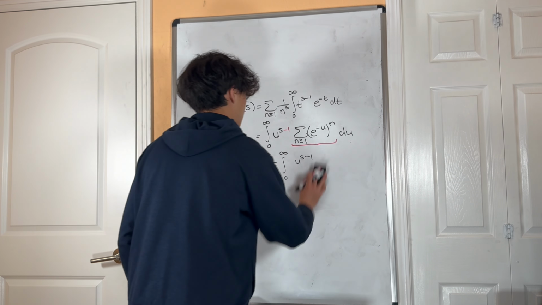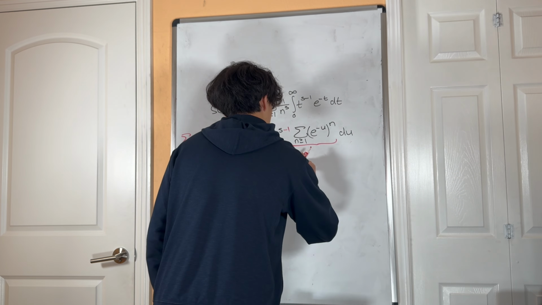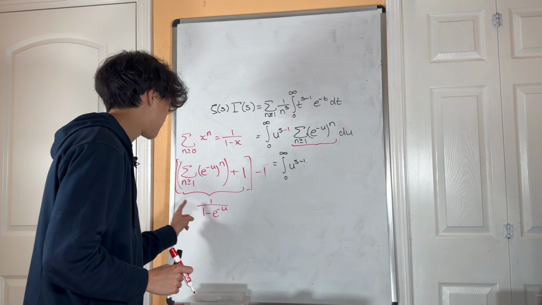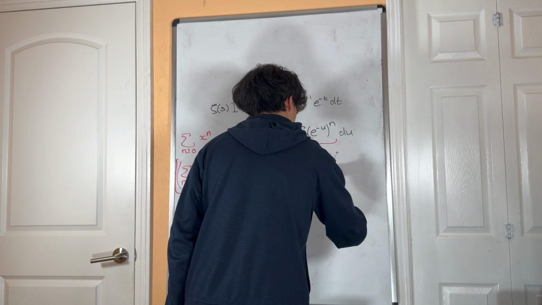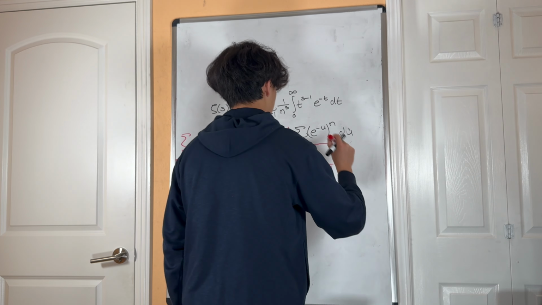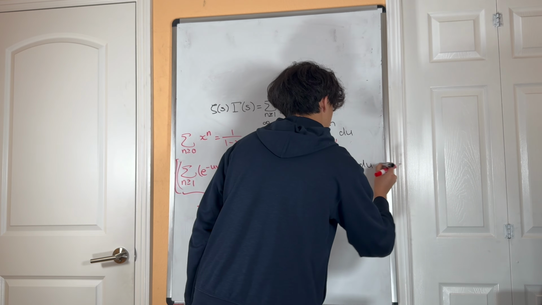Okay. This whole thing is going to be that. So I'm going to, give me a second. u to the s minus 1, I'm going to copy down on the side. This right here is just this minus that. So 1 over 1 minus e to the negative u, okay, minus 1, du.